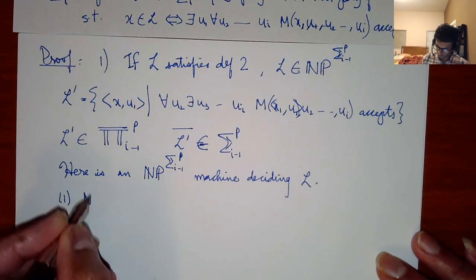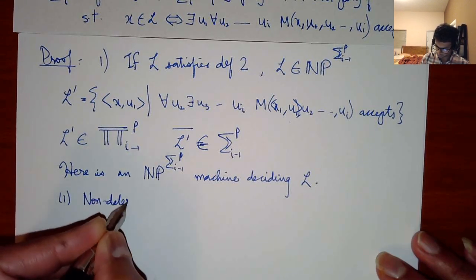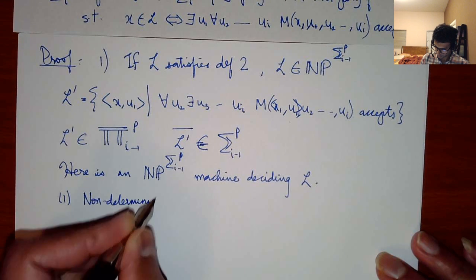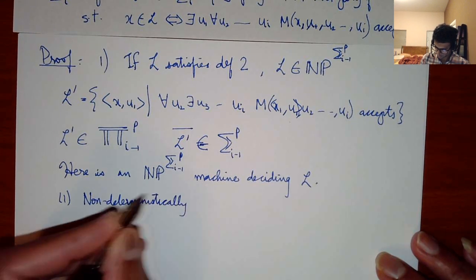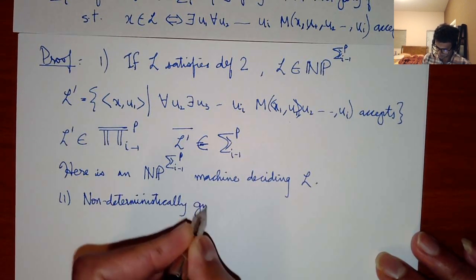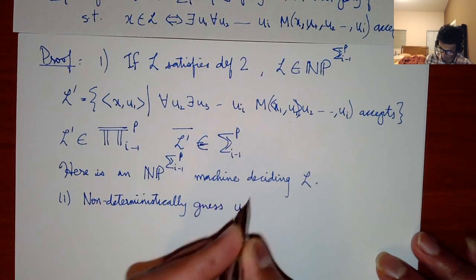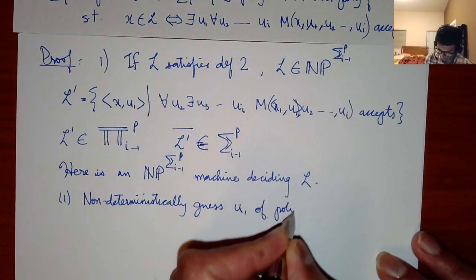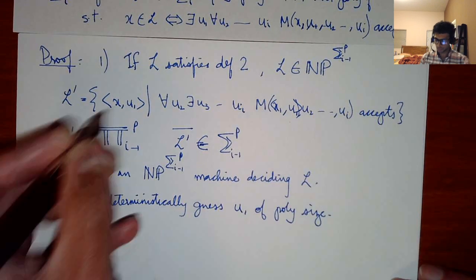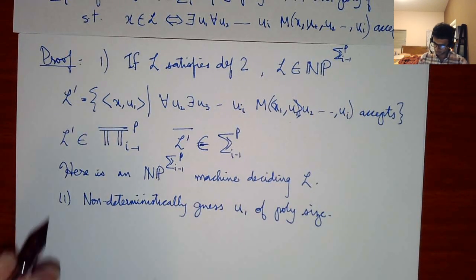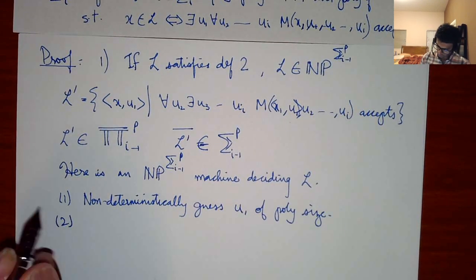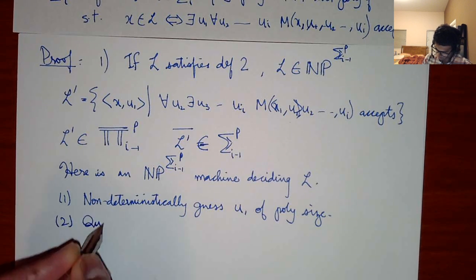Okay, so first, non-deterministically guess u1 of polynomial size, whatever polynomial is appropriate over here, and query.